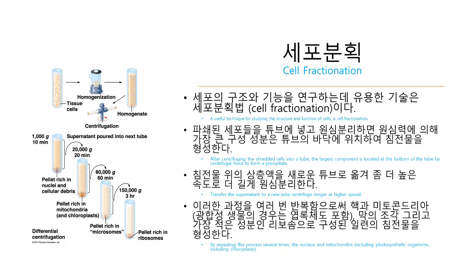At each speed, the resulting force causes a subset of the cell components to settle to the bottom of the tube, forming a pellet. At lower speeds, the pellet consists of larger components, and higher speeds result in a pellet with smaller components. Cell fractionation enables researchers to prepare specific cell components in bulk and identify their functions, a task not usually possible with intact cells.